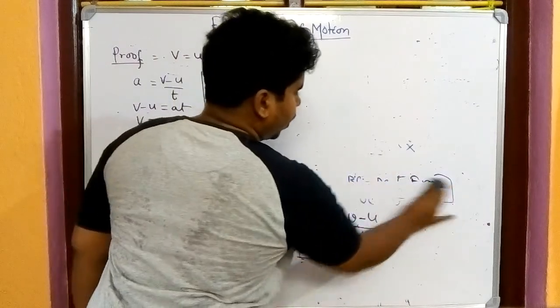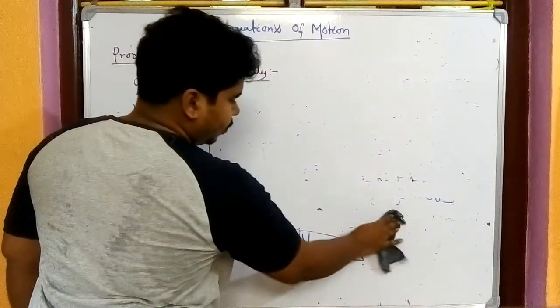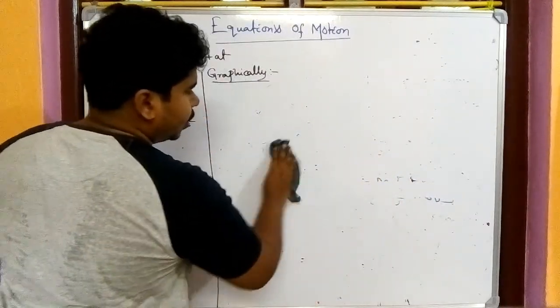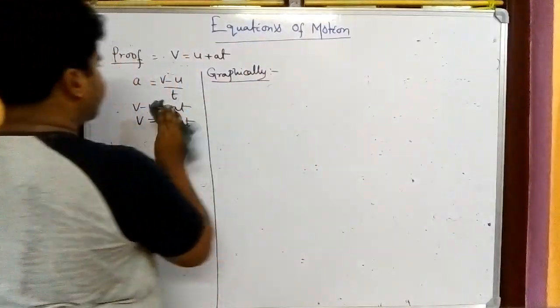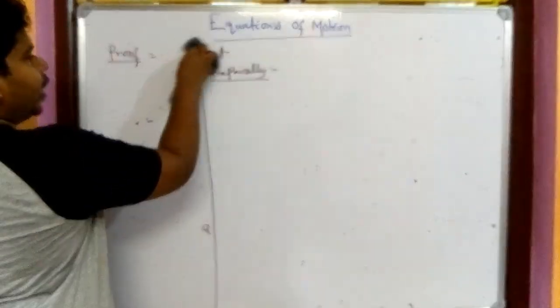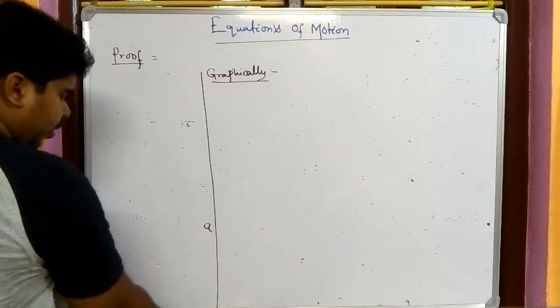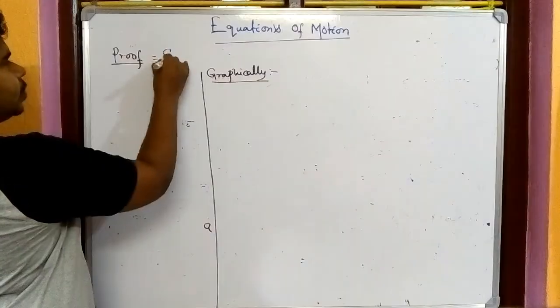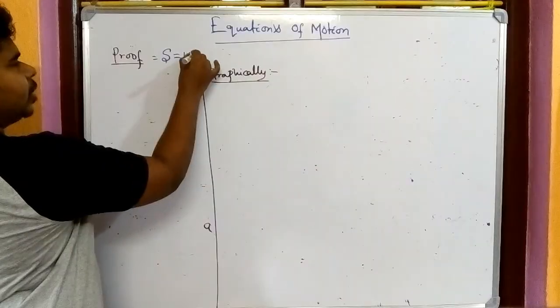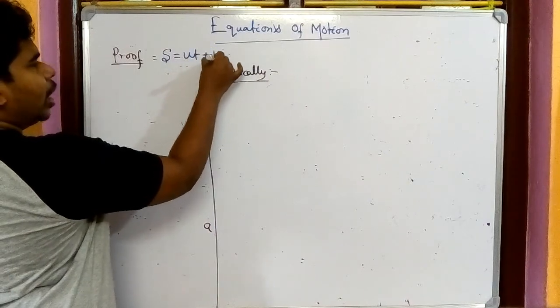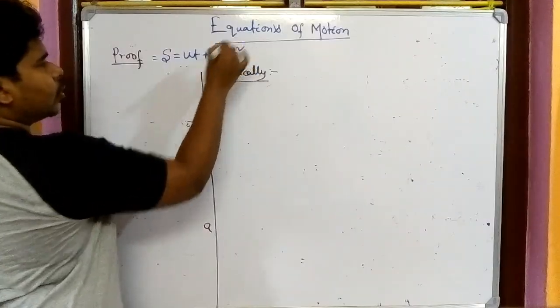If you are not able to write it down, pause the video here and write it, and then we will go for the next. Our next equation is S equals ut plus half a t square.